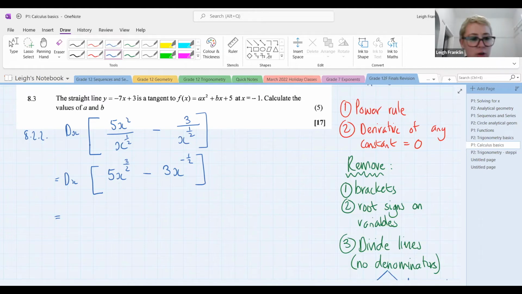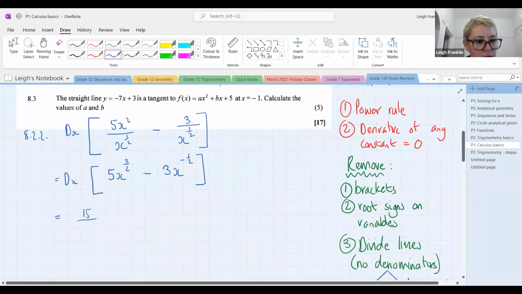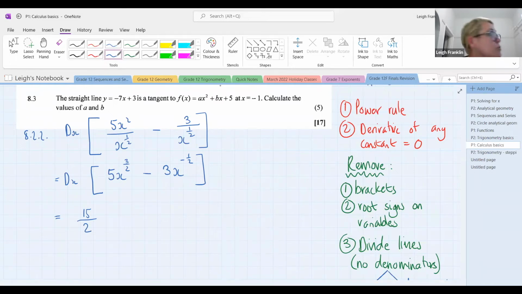So the coefficient of the first term of our derivative is going to be what? That's it. Okay, 15 over 2. And it's going to be positive because 3 over 2 is positive and 5 is positive. So a positive times a positive gives us a positive.